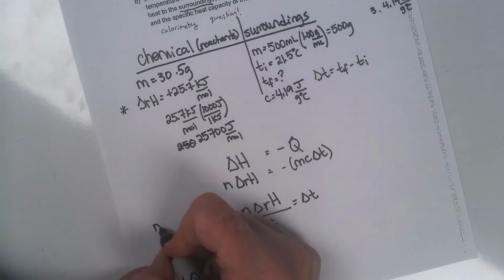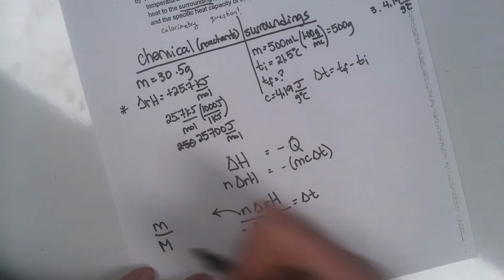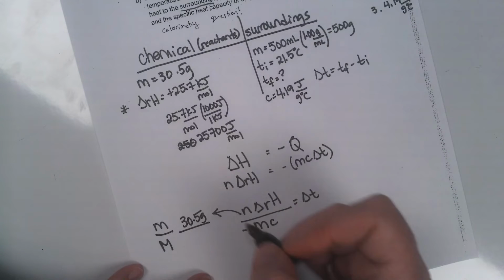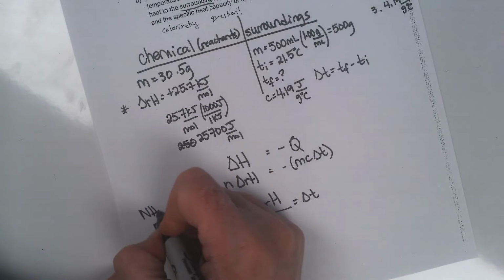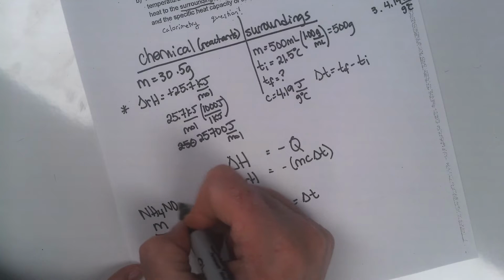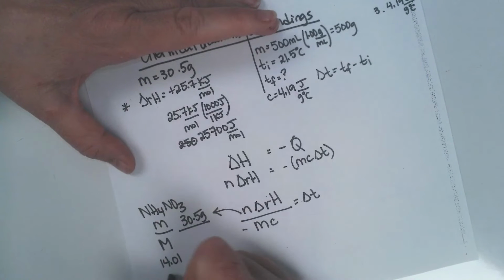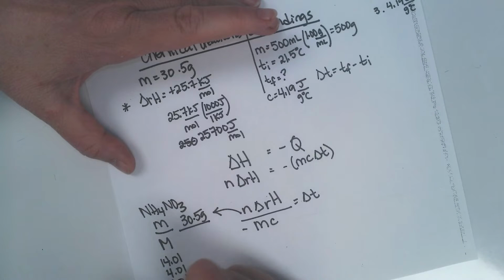The mole piece from the chemical side is going to come from mass over molar mass. And so we're looking at 30.5 grams divided by the molar mass of NH4NO3. So we have 14.01, 1.01, 14.01, and 48.